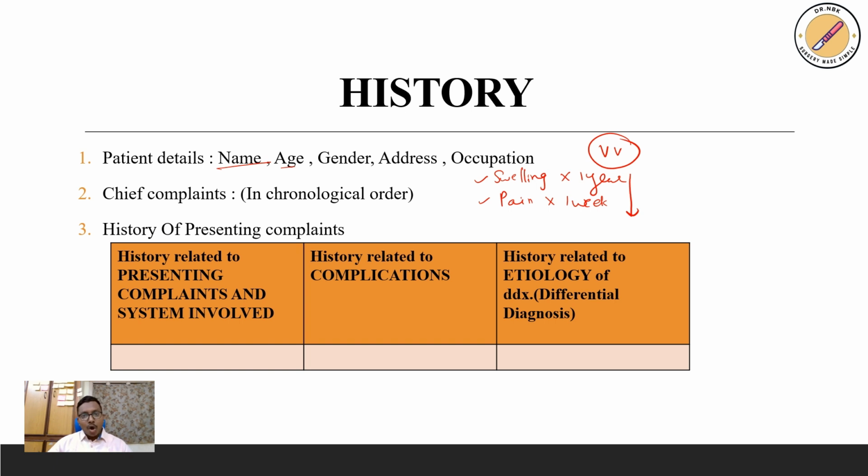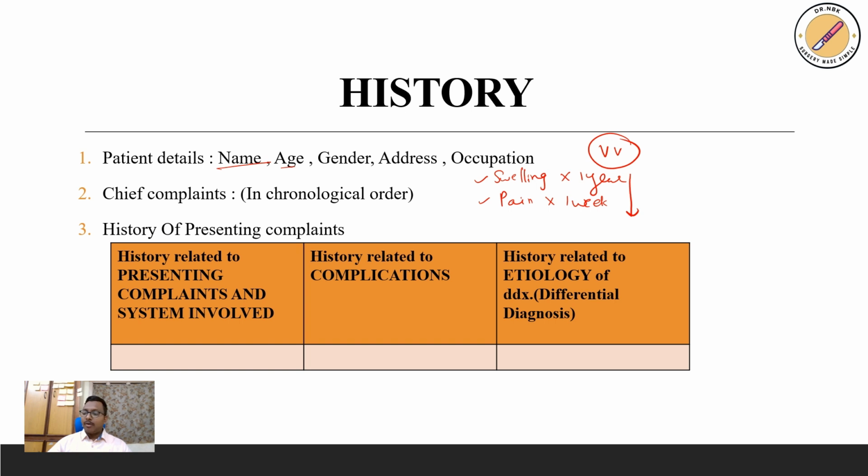The patient was apparently all right 1 year back, and then she noticed a small swelling in the front of her neck, which is of insidious onset, gradually progressed in size. Initially, it was painless to begin with, but from the past 1 week, she noticed she is having pain in the swelling.